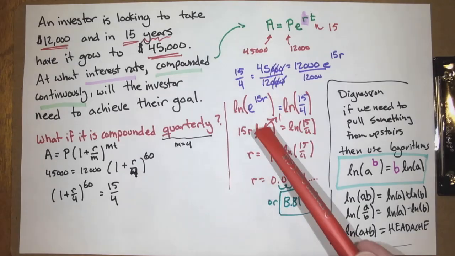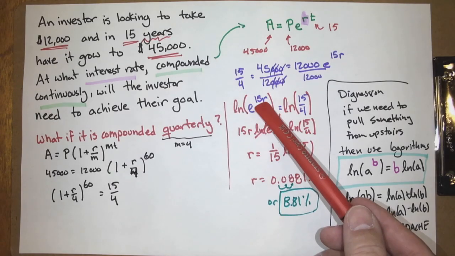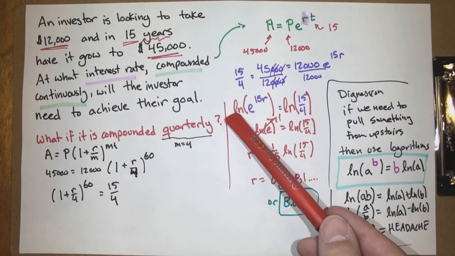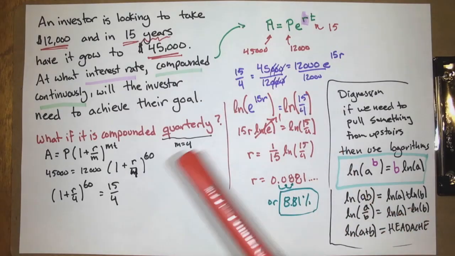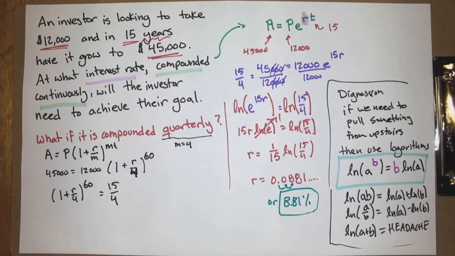Previously, we said, well, we've got to do something to get the R out of the exponent, so we did log. Now there's a different situation happening here. R is trapped inside something raised to the power 60. So the question is, how do we undo raising something to the power 60?